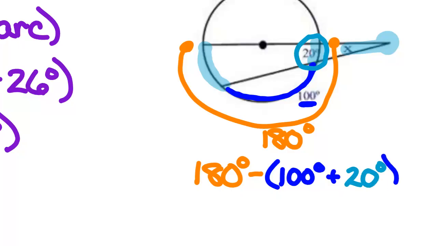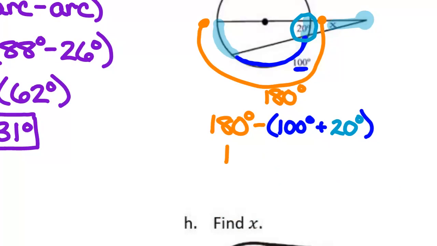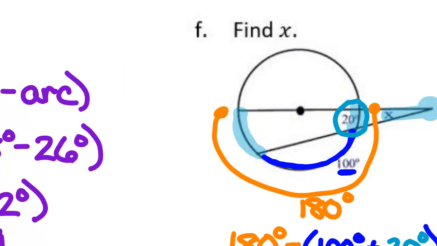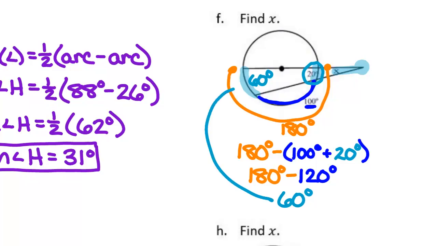So that would give me 120. So I have 180 minus 120. What is 180 minus 120? 60. So this arc over here is 60 degrees.